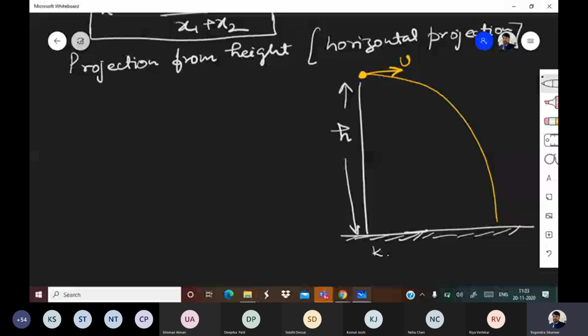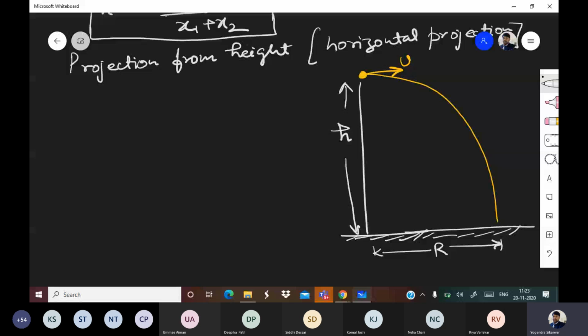So this distance which it is falling away from the bottom of tower or any building, that will be called range. All right, and such type of projection is called horizontal projection.